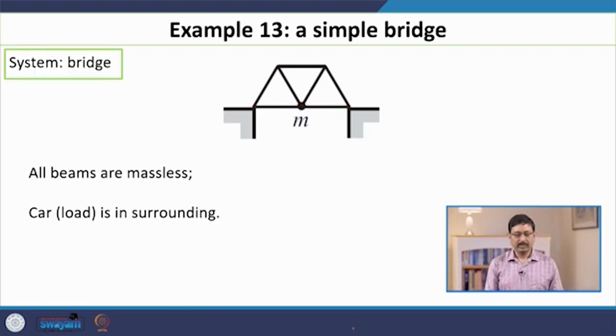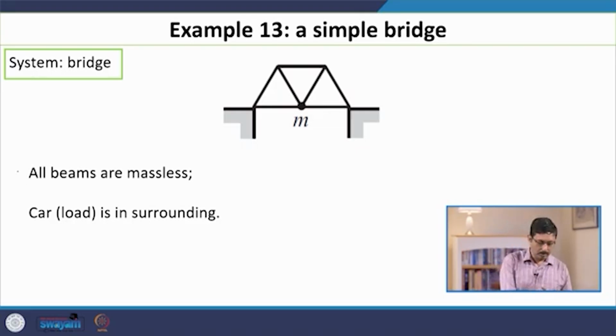The first thing that we should note is that we should start by choosing our system. In this example, we are going to choose the entire bridge as our system. Now, if the structure is very lengthy or complicated, then you can also choose a section of your framework as your system.